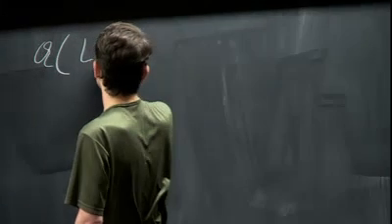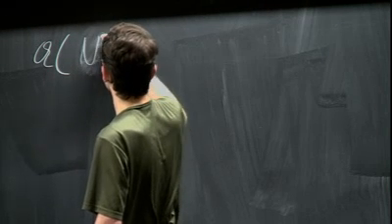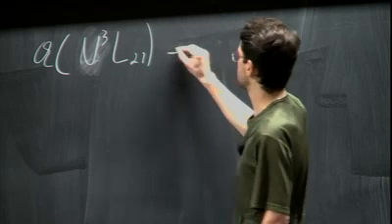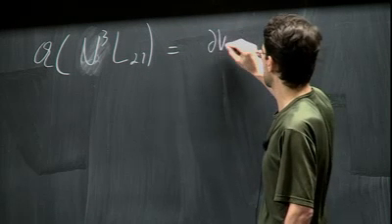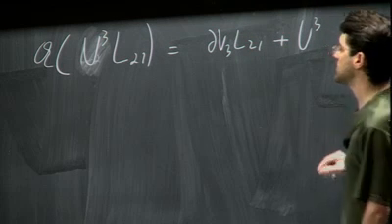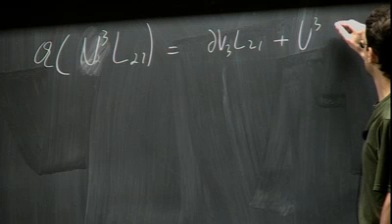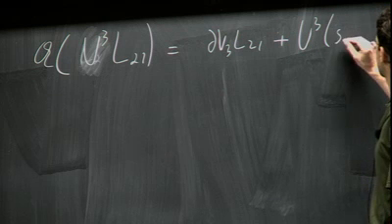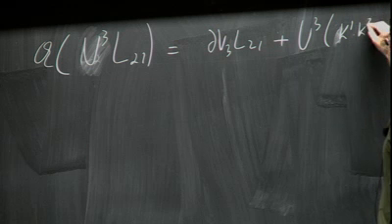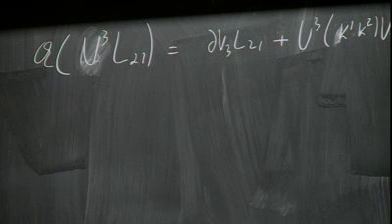So let's see what happens if you compute the BRST variation of L2 U3 with L21. So this is del V3 L21 plus U3 and now S. Okay, now let's momentum 1 dot to momentum 2 V1 V2.